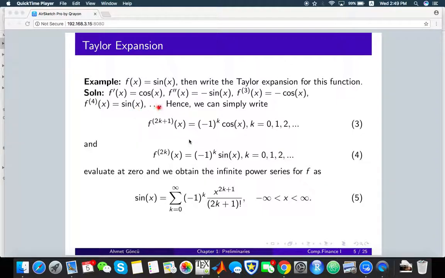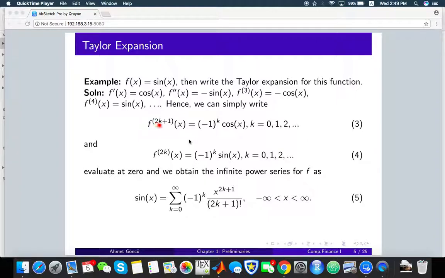You can continue to write a few more if you like, but you can notice that for the odd orders of this derivative, we have the cosine terms, and for the even orders of differentiation, we have the sine terms, with alternating plus, minus, minus, plus signs. So how can we represent an odd number?